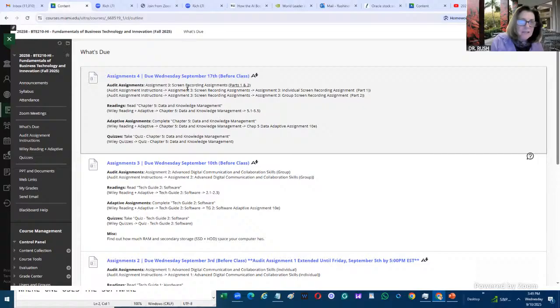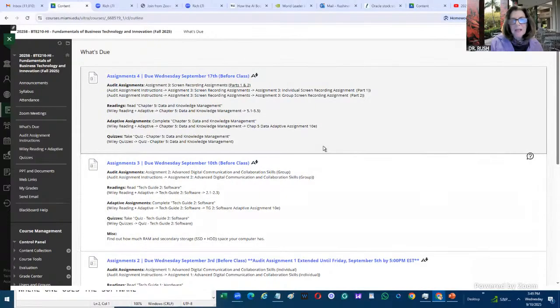So we have the audit assignment, which is a screen recording assignment. We recorded our screen with Zoom, but there are other ways to record it, and many times I can save it to my own computer or to the cloud. Bobby, remember I had some problems getting all the controls and getting it recorded.